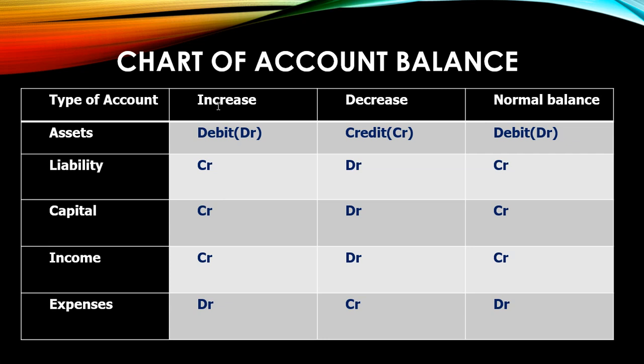So if assets are increasing, for example, you had one piece of land and you have bought another piece, that account, your assets have increased or your land has accumulated. So what you do, you debit this account. That is an asset. Then if you sell, the land has reduced, you credit it. And if we still have land at the end of the year, the normal balance must be a debit side. Must be a debit balance.